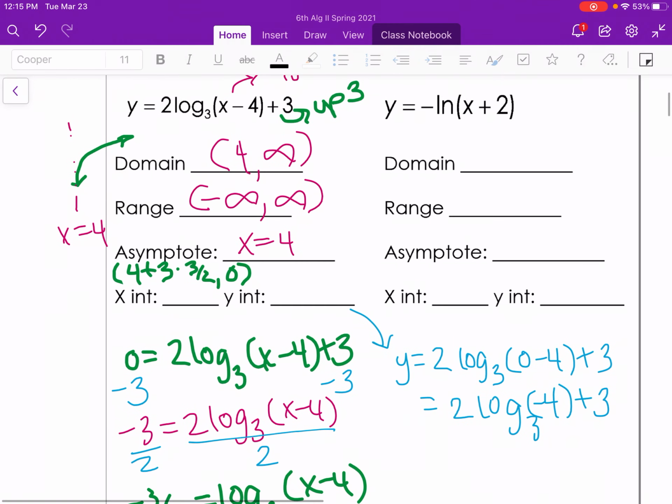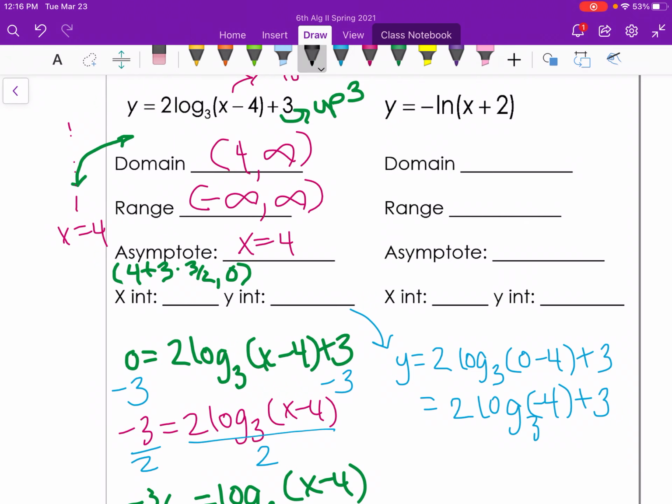So one thing to think about here as far as the y-intercept is concerned: first of all, if you look at our picture, here's my coordinate plane, it doesn't actually touch the y-axis. But also, I can't have a negative here. That would make this undefined. So as far as the y-intercept is concerned, there's none.